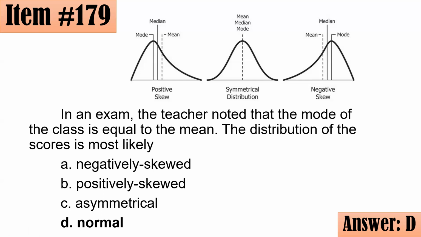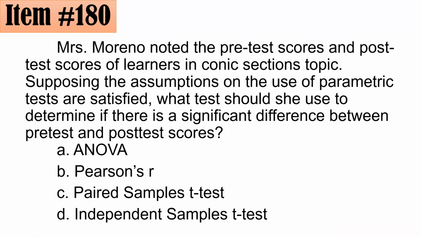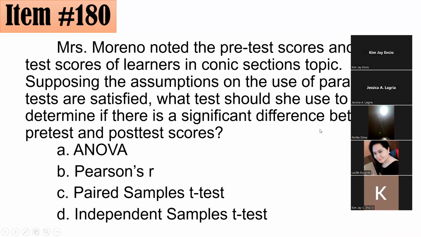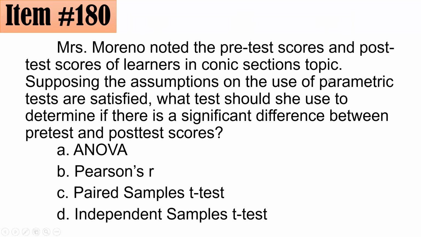180. Mrs. Moreno noted the pre-test scores and post-test scores of learners in the conic sections topic. Supposing the assumptions on the use of parametric tests are satisfied, what test should she use to determine if there's a significant difference between pre-test and post-test scores?